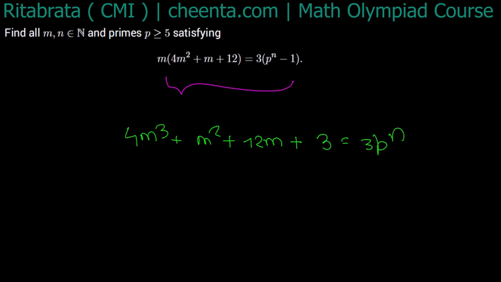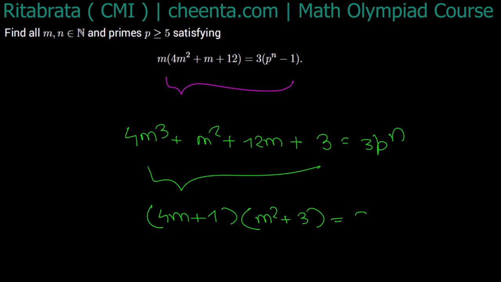Now we can factor this thing out. Factoring this, you will just get 4m plus 1 into m square plus 3, that is 3 times p to the power n. Now this equation is a lot easier to handle.